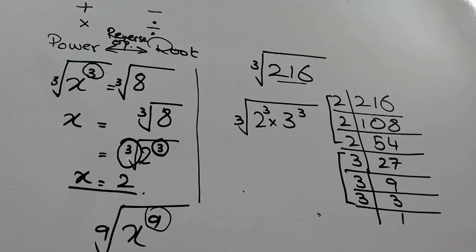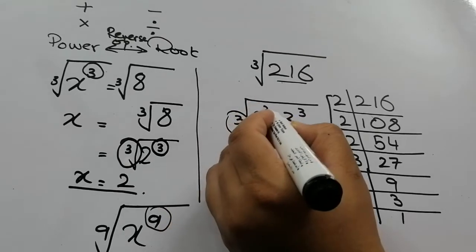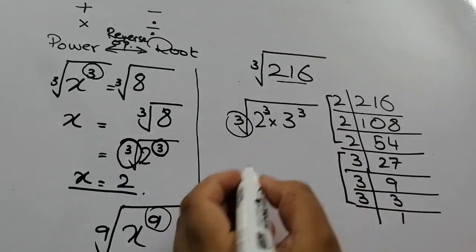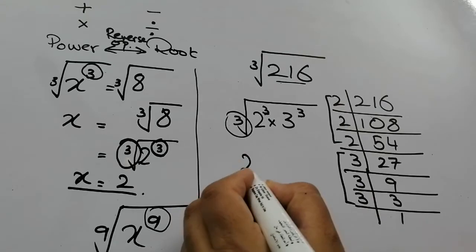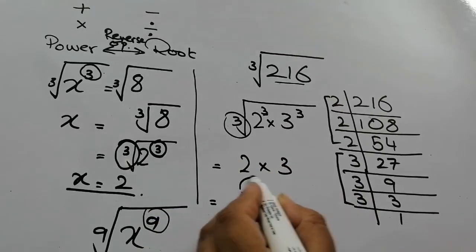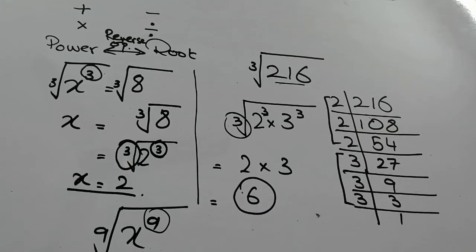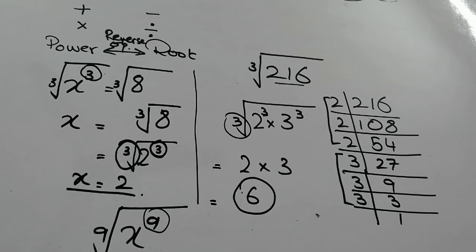Now at this point I can solve it because the cube root can be cancelled by the cube numbers. So my answer would be 2 multiplied by 3. So 6 is the answer. Anyhow, the cube of 6 is also 216.